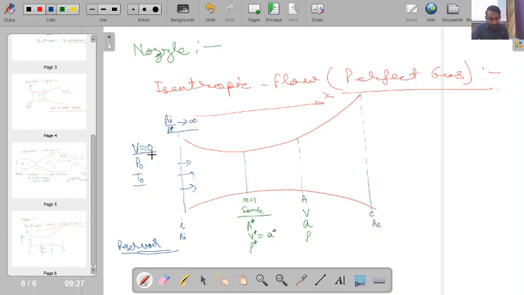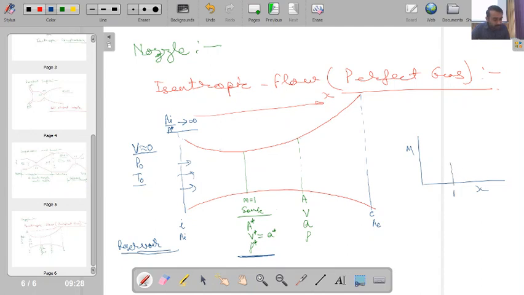Now what is my interest? At this throat section I already know that my situation is sonic. My interest is to determine what will be the variation of Mach number and properties at different points along the length. So if I plot, say, Mach number versus x, how does it look?